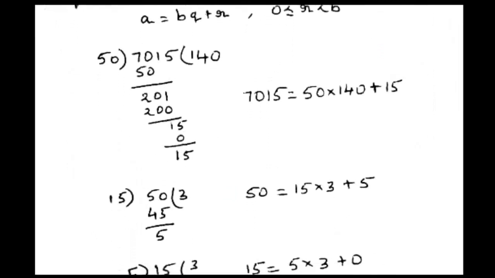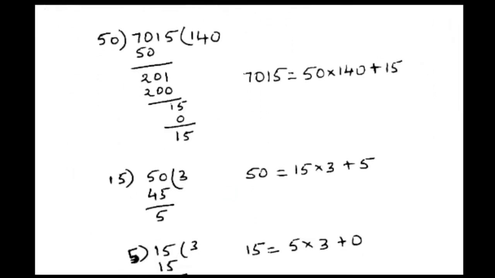Now, 7015 is divided by 50 and we got quotient 140 and remainder 15.